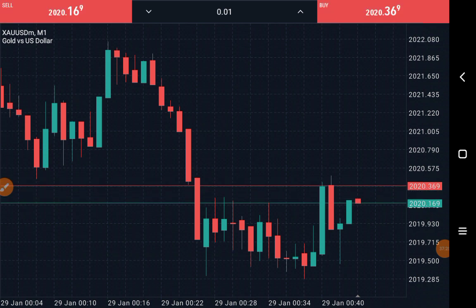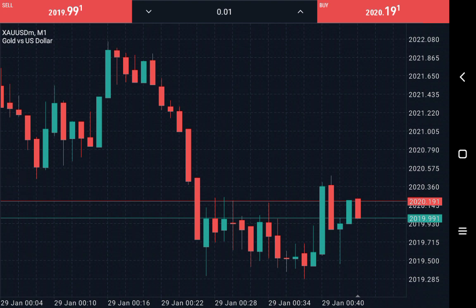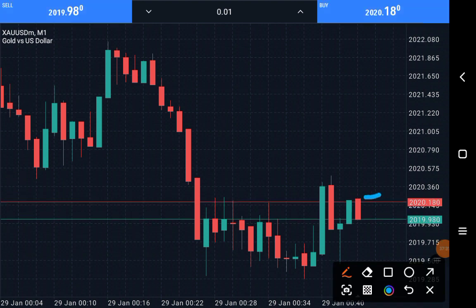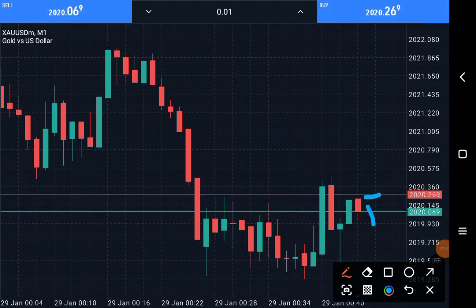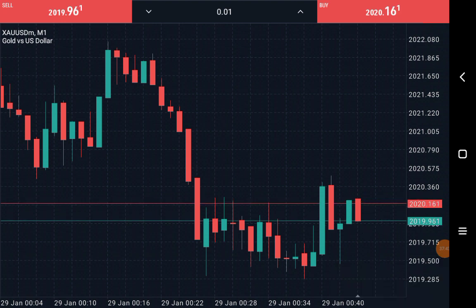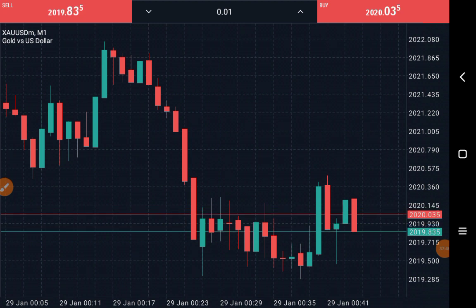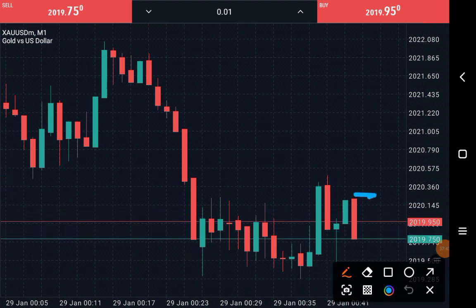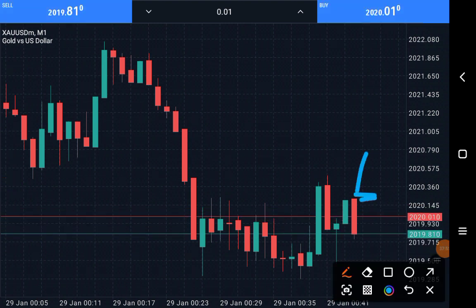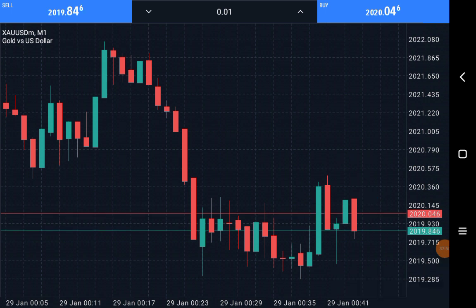You see another one start printing, and you see the opening level, where the price started, and when it was coming down, the candle was red. Now let's look if it will go up. If it goes above this opening level that starts here, it will turn green like that one.